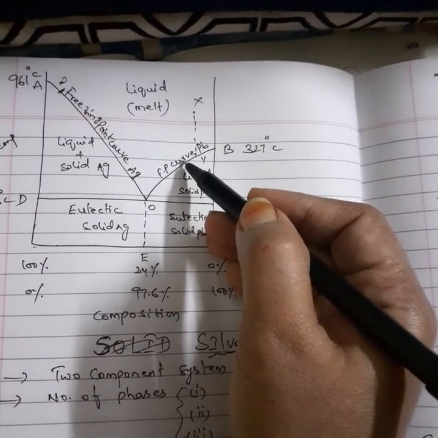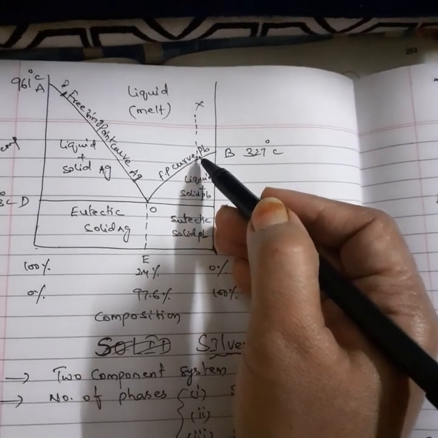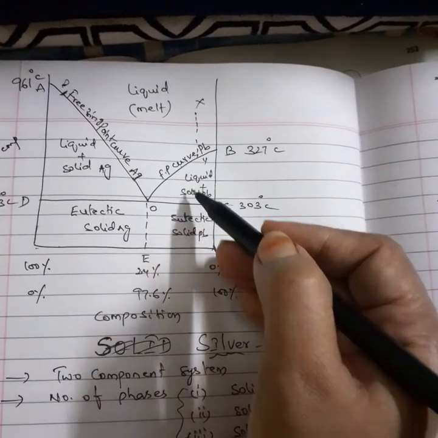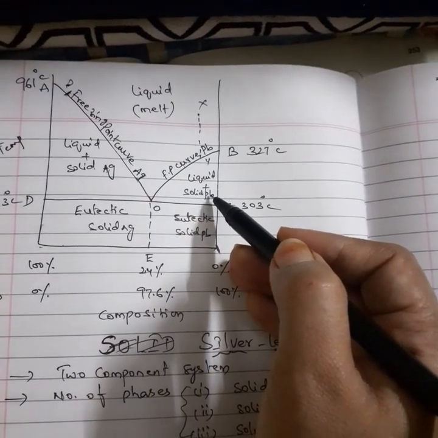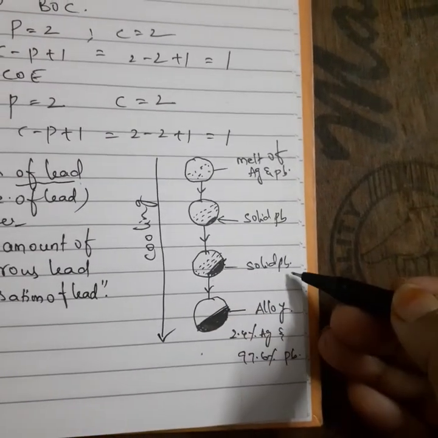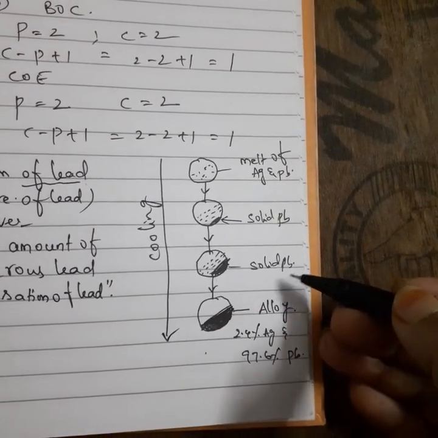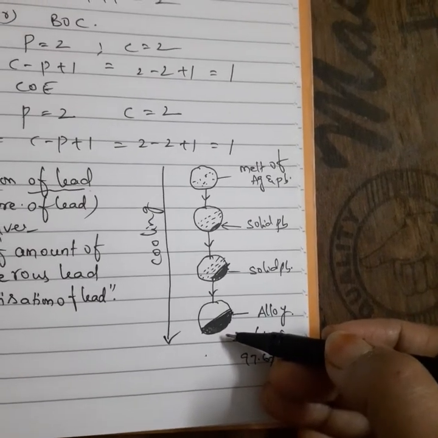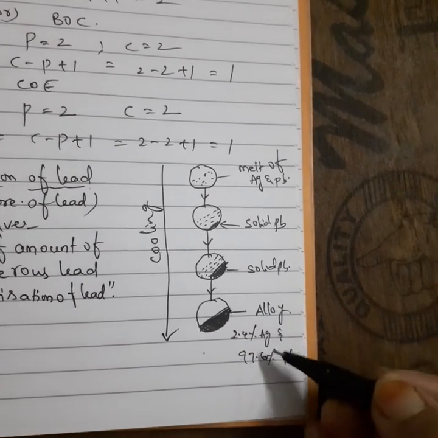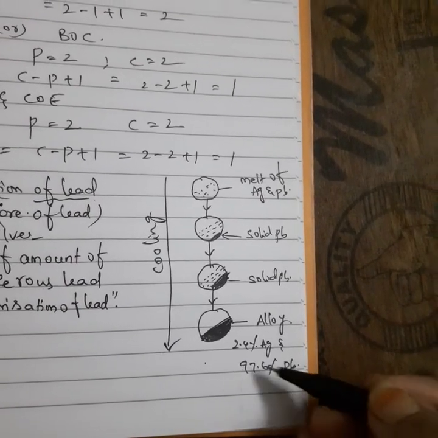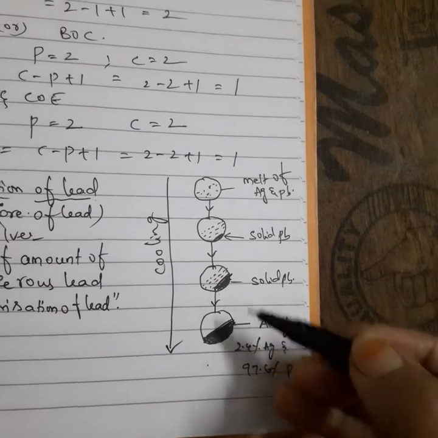So as the composition of silver increases, the curve comes down. Because temperature decreases, more lead turns into solid. That is the same thing I am showing here. As we are cooling, much more lead turns into solid, and when it reaches O, that is 303 degrees centigrade, we get a stable one, 97.6% of lead and 2.4% of silver.